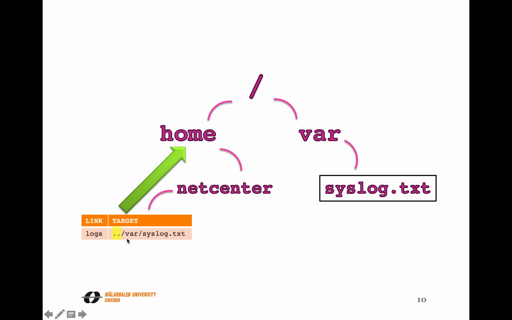Then it points to the var directory, but there's no var directory inside home, which will mean that this link is actually broken. We will not be able to use this symbolic link to access any files because it has a broken relative path.